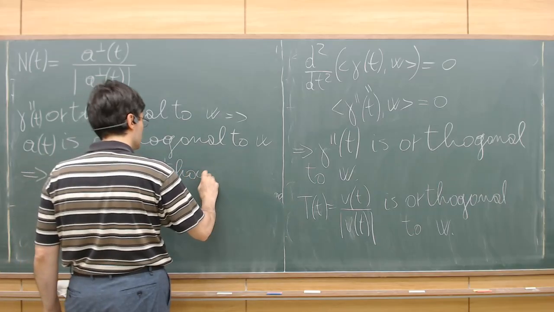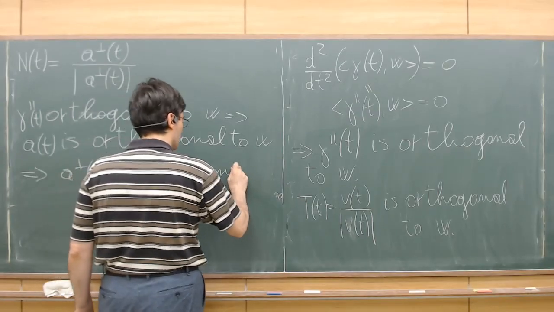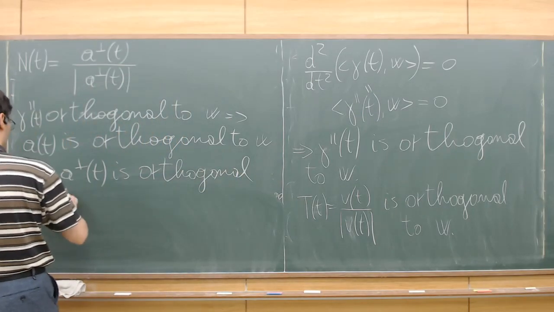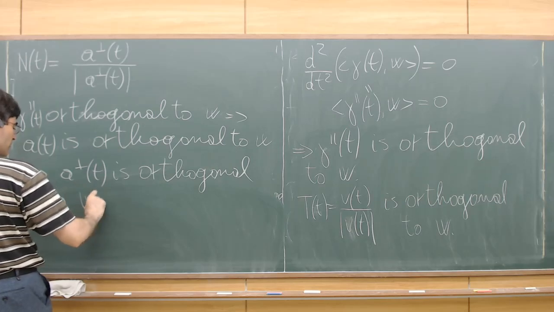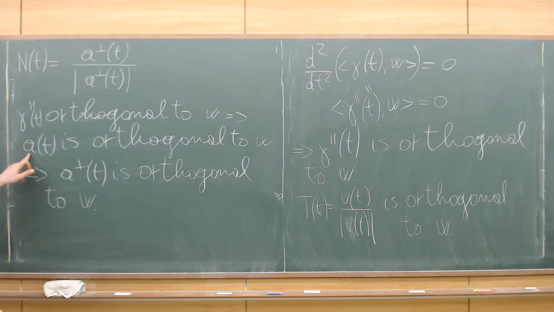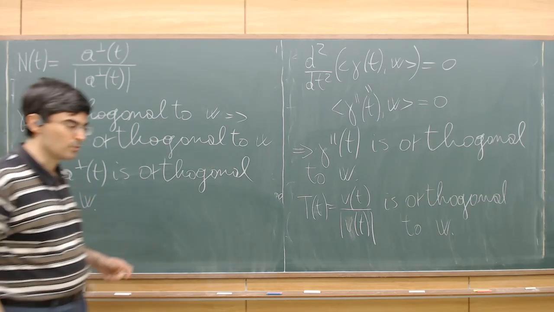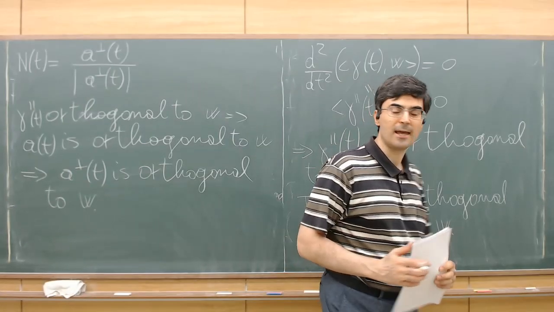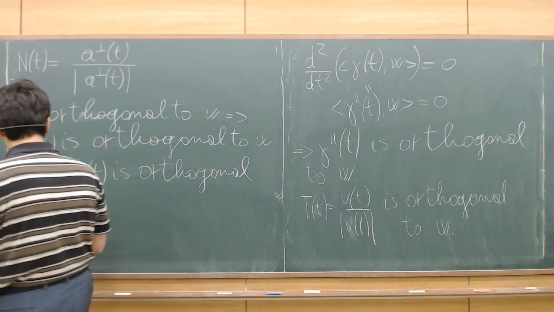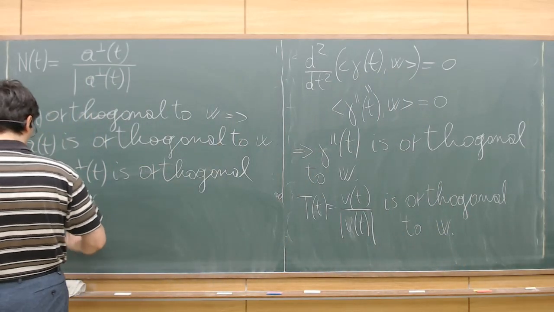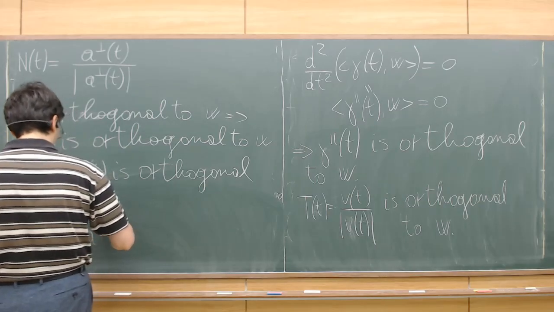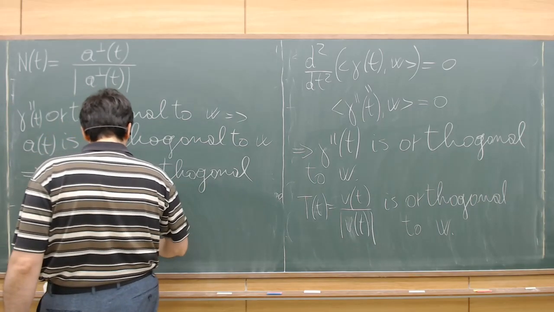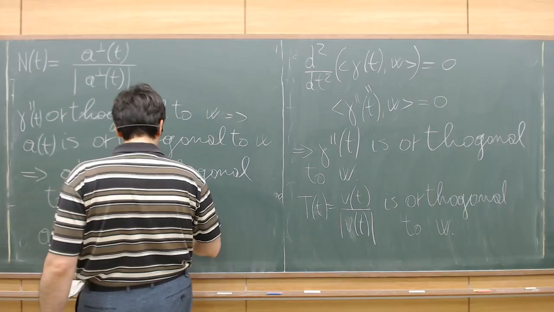Why? Because A(t) consists of two components, A parallel(t) and A orthogonal(t).